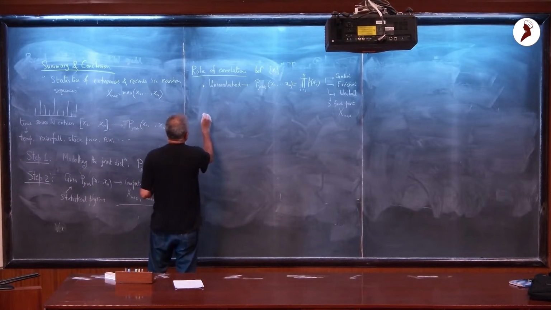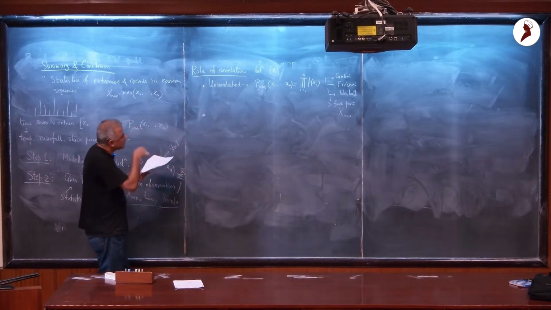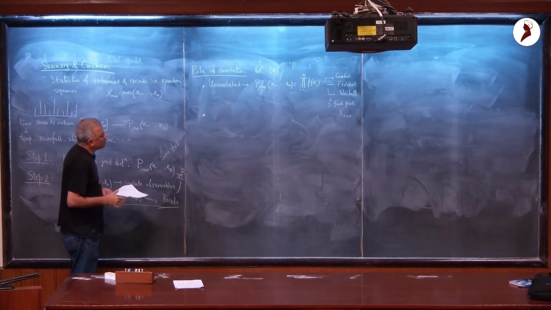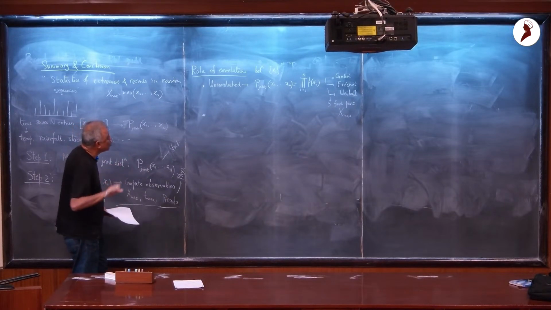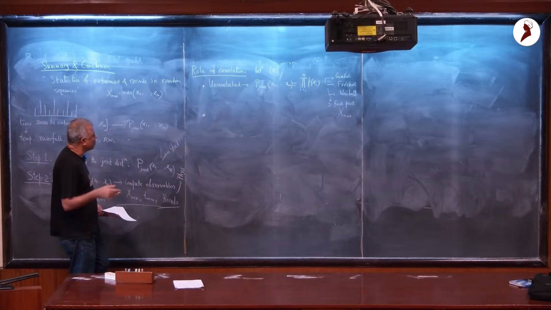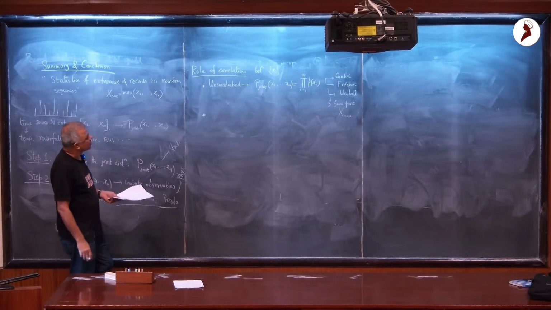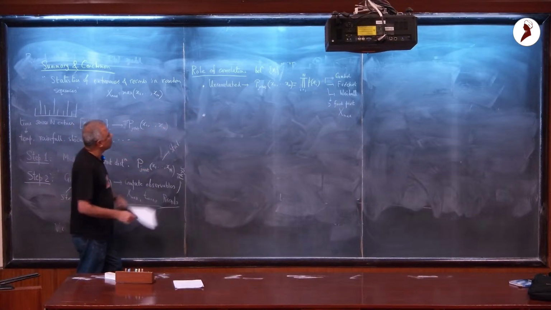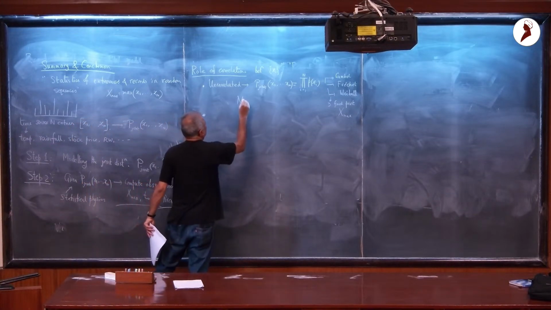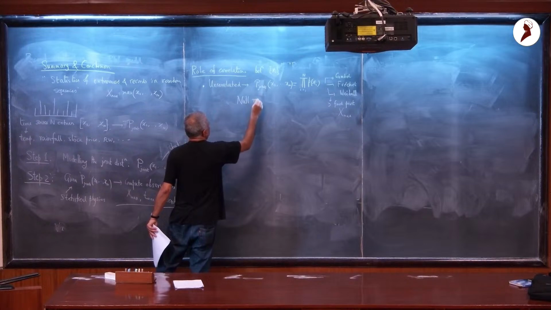Statisticians use this as a null model, because you always have to compare your actual situation with something that you know, like experimentalists use a control system. This is called the null model in statistics, so it's very good to benchmark.